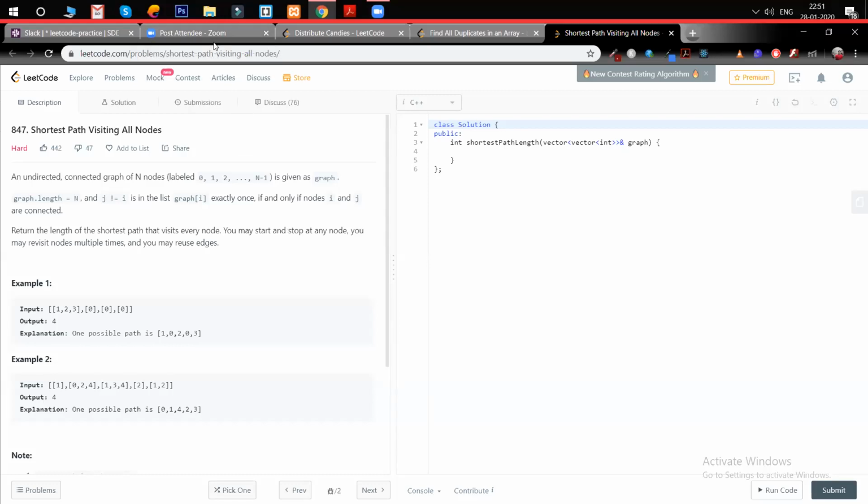Any approaches? If you have to come back to the original, I was thinking of something like Floyd's, where you visit every node and then you come back. But here we may start and stop at any node, and we can visit any node multiple times. I was thinking about a breadth-first search approach.